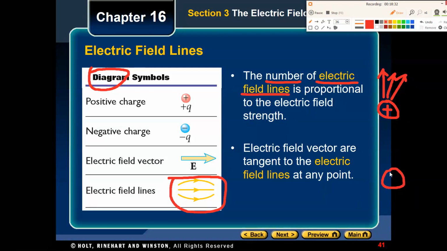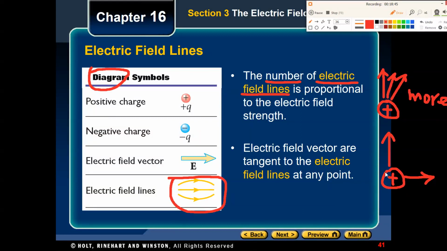So this is the first charge, the second charge. Obviously this one has more lines, so this one is stronger. This one has fewer lines, so it is weaker. Basically, the concentration of lines represents the strength of the electric field.